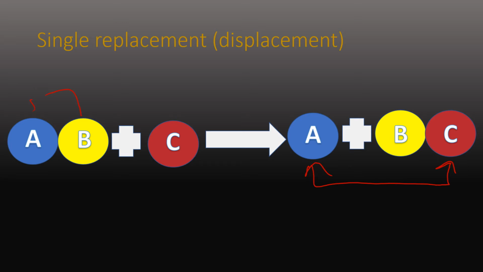And usually the A is a metal, and the B is a non-metal. So the A just changed partners. It was partnered with B, and then it moves to C. So they're just switching places. So the B just switched partners.